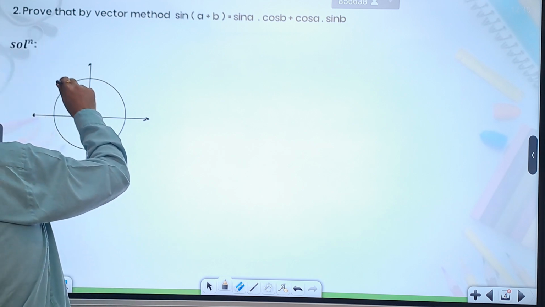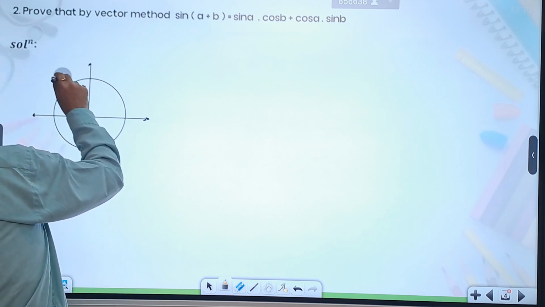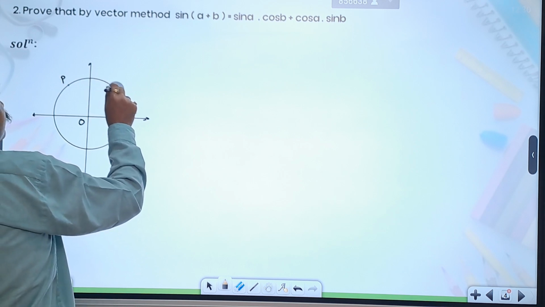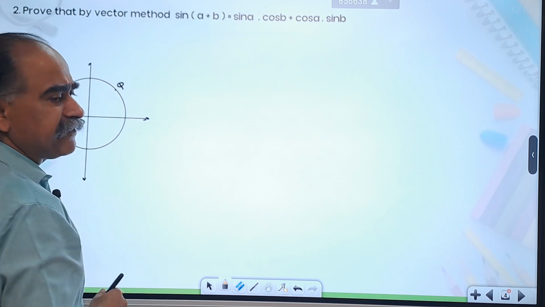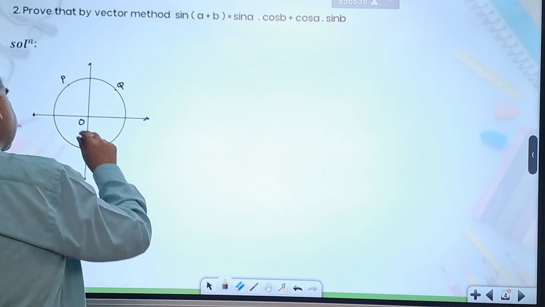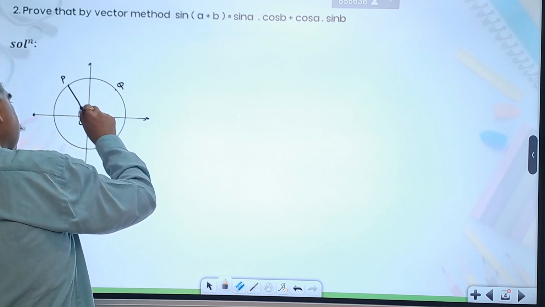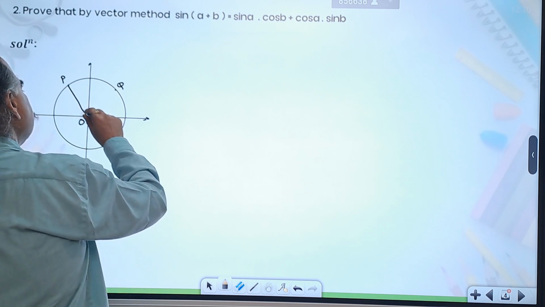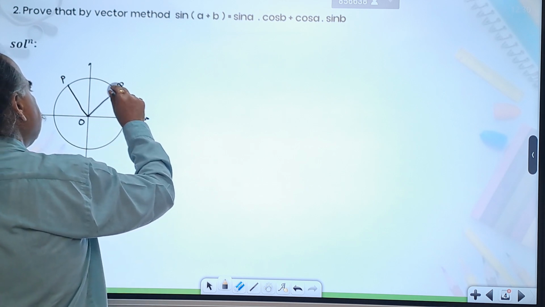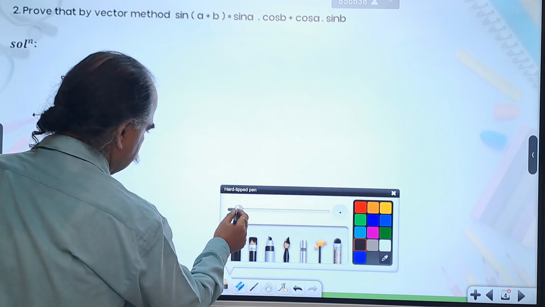Let P and Q be 2 points on circumference of circle such that OP makes angle A and OQ makes angle B with positive direction of x-axis.